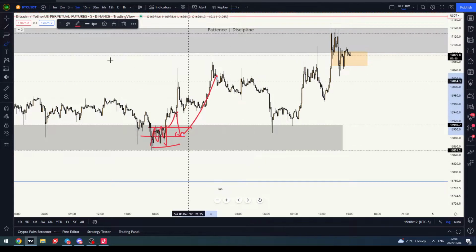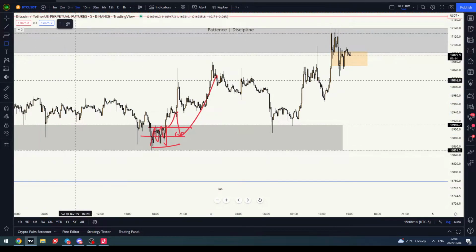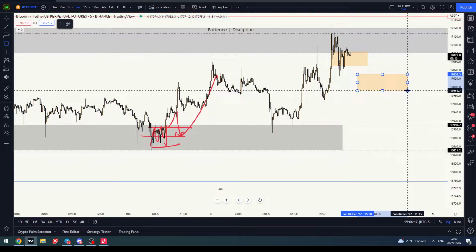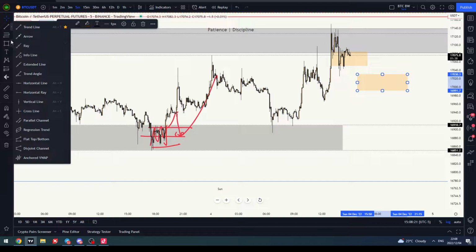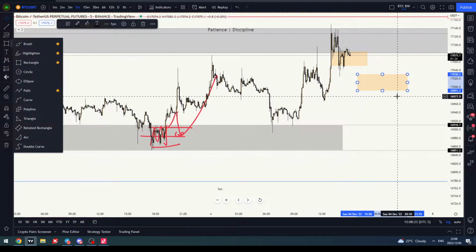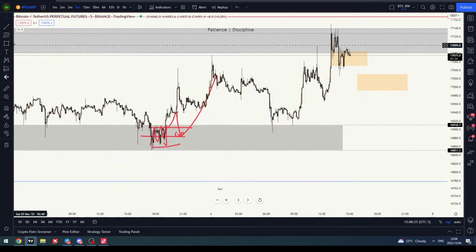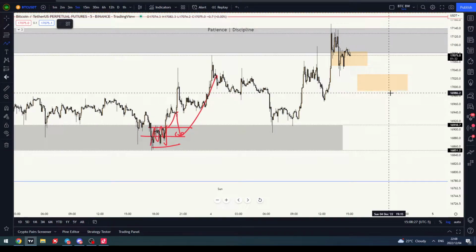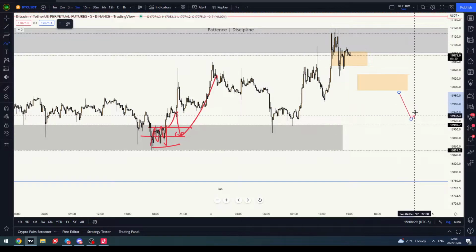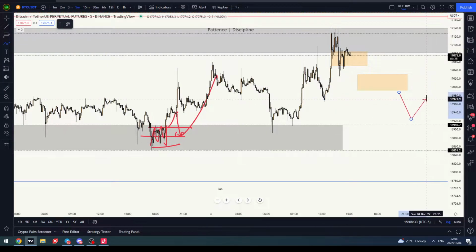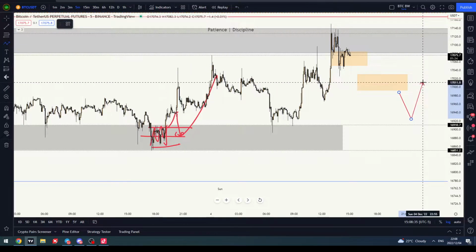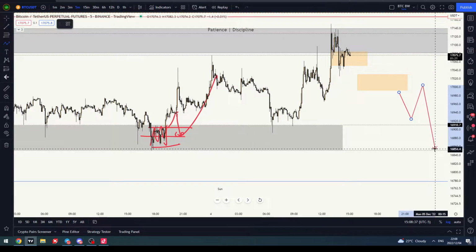Whether you get it in terms of something like this, where you have price consolidating, price moves down here, you often see something like this, but don't count on it, right? Price will come back into the consolidation and then continue.